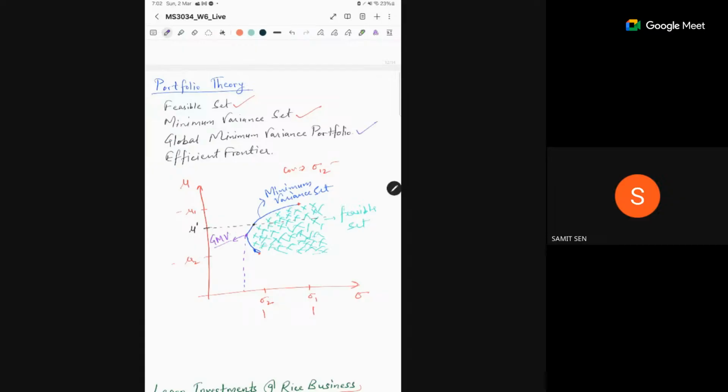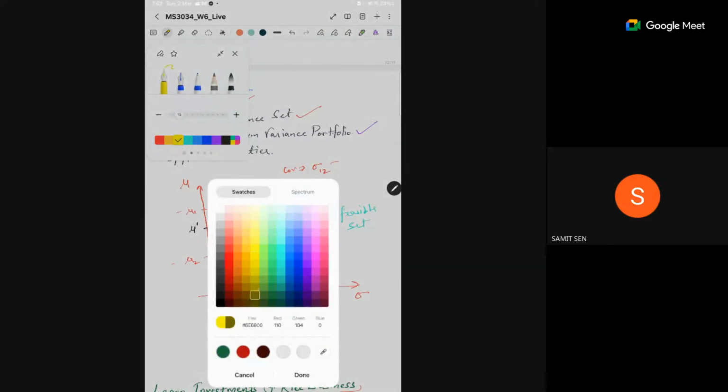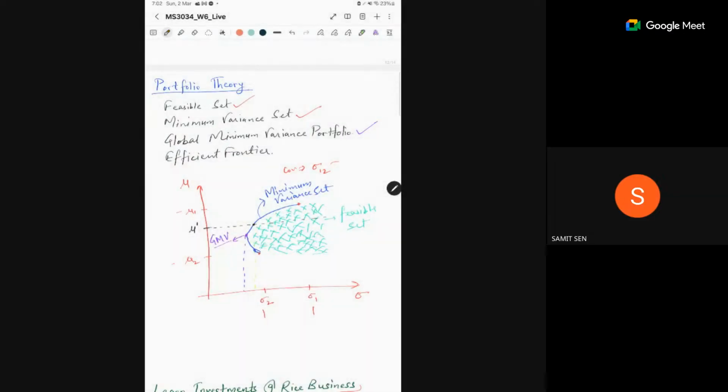If you take a deeper look, for example, if you take any vertical line here, you are fixing your variation.